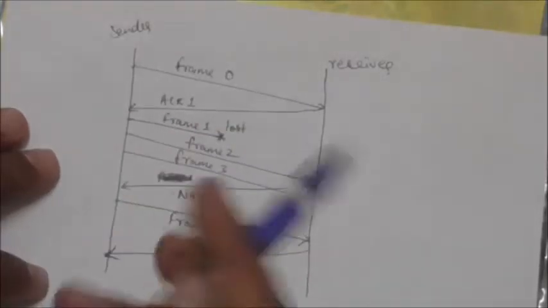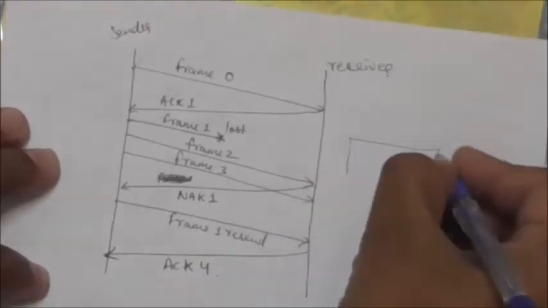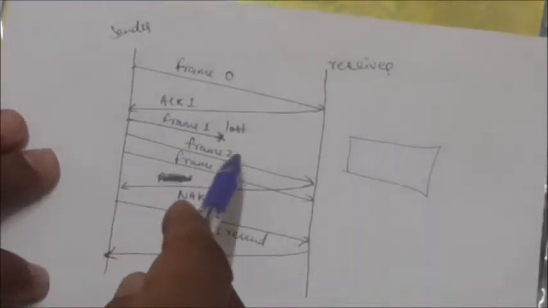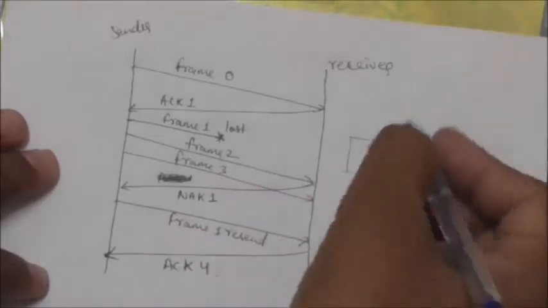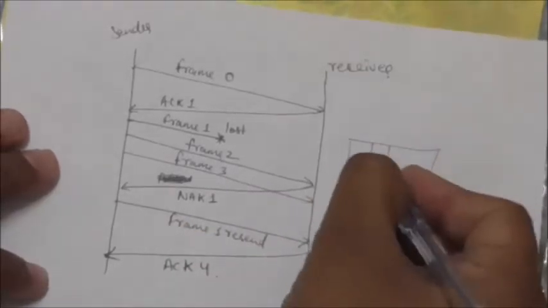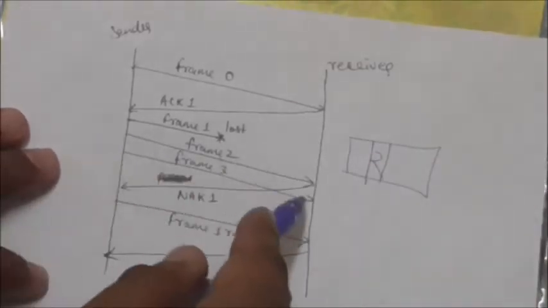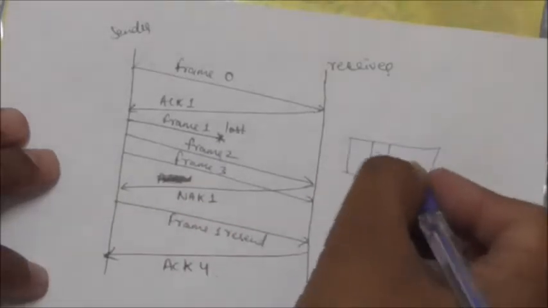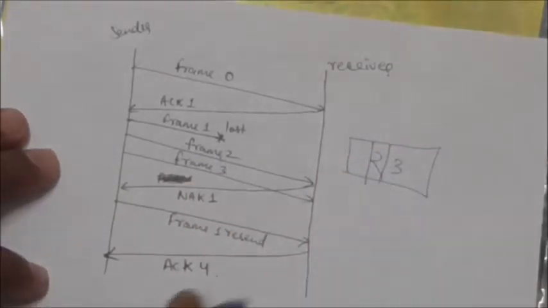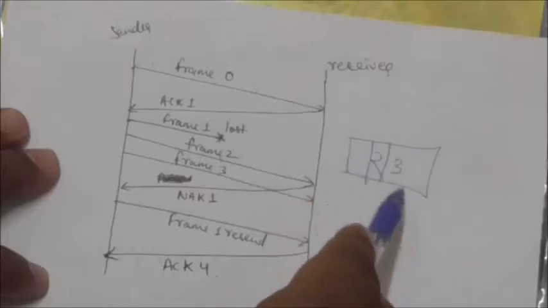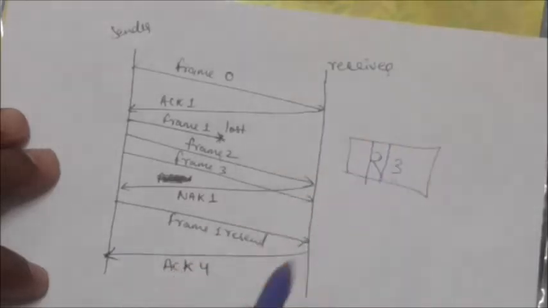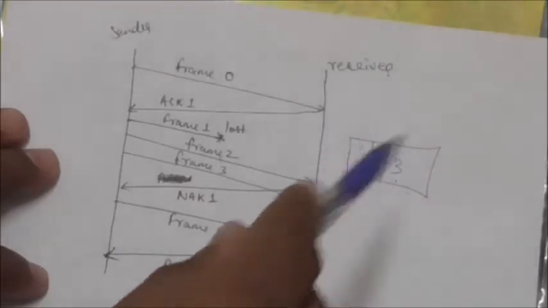Now in this case, when the frame with sequence number 2 arrived, it was received by the receiver. When the frame with sequence number 3 arrived, it was also received, but the receiver cannot send these frames to the network layer because the frame with sequence number 1 was missing.